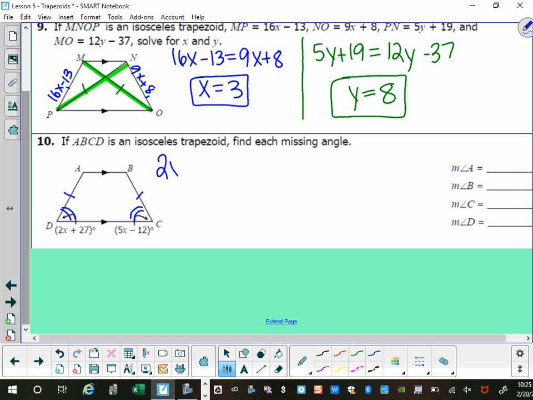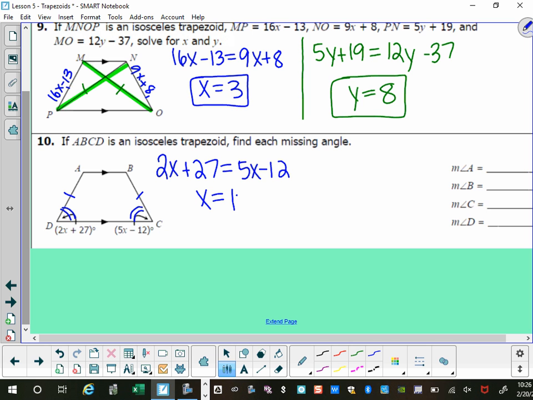So I have 2x plus 27 is equal to 5x minus... solve for x. You guys get 13? Yes.